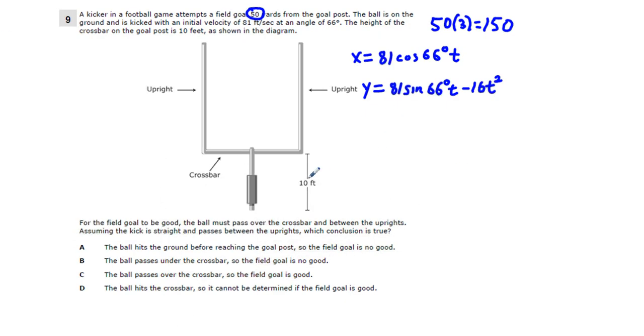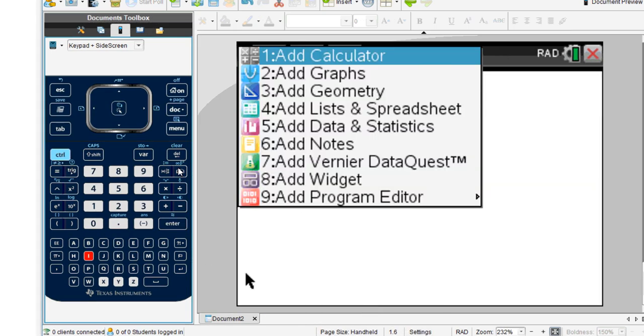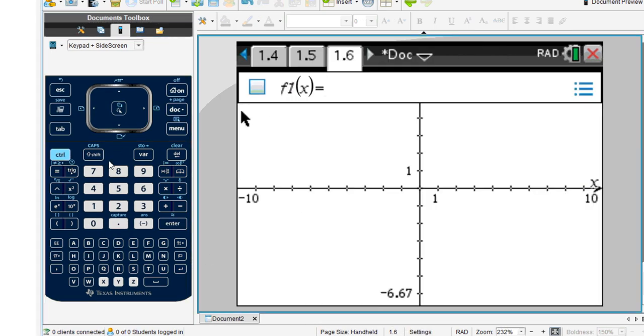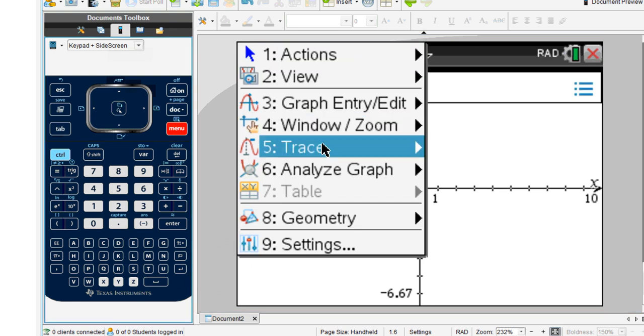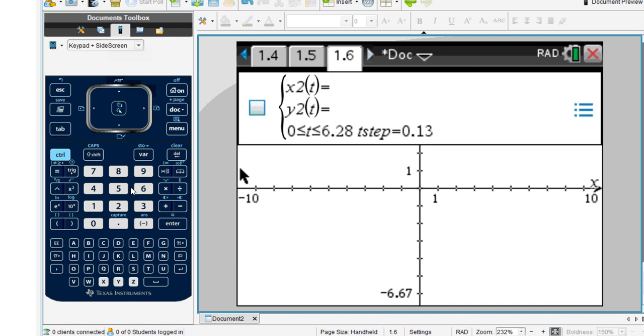So now we're going to go to our calculator and see what's going on here. To do that, we're going to go Control I, add graph. We're going to graph parametric. So we have for this one, just looking at my notes here, 81 feet per second.